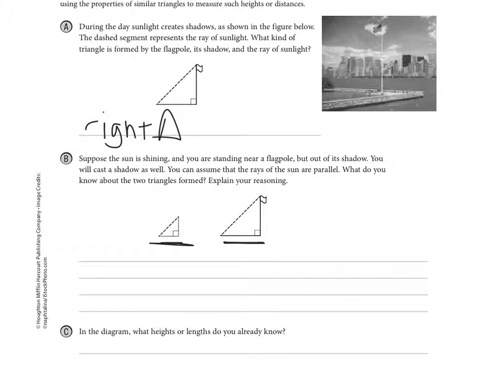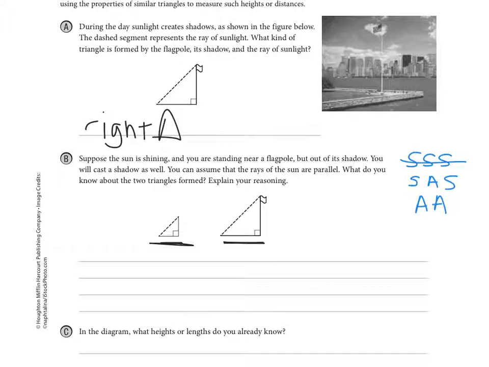Well, if we're going to use similar triangles, we know that we have three shortcuts that will work for us to be able to assume that the triangles are similar. That's side-side-side, side-angle-side, or angle-angle. So let's see which one applies here. Do we know all three pairs of sides? No, we don't know those.